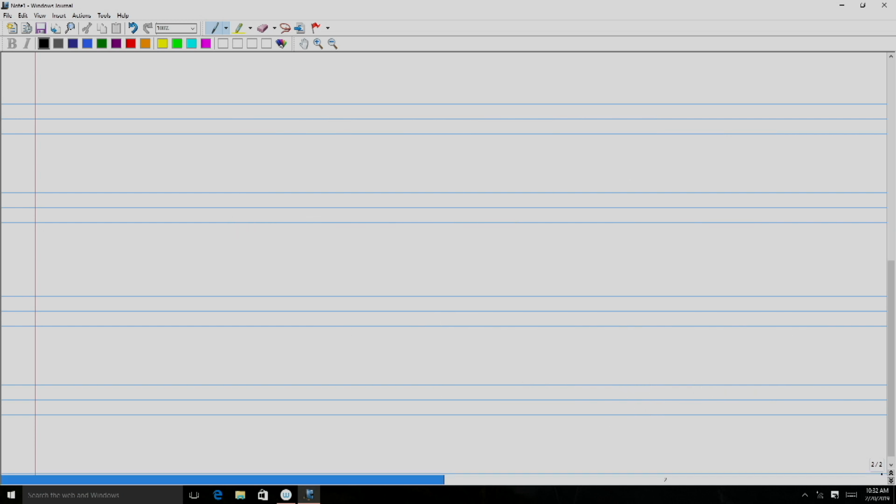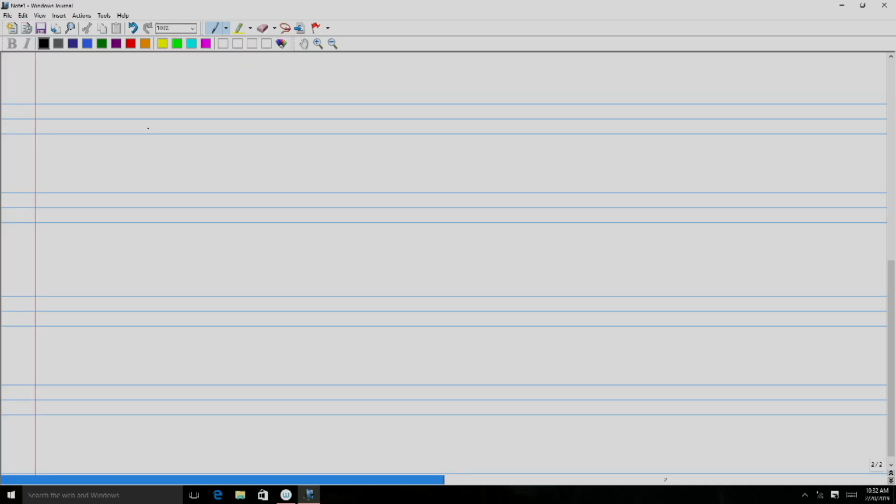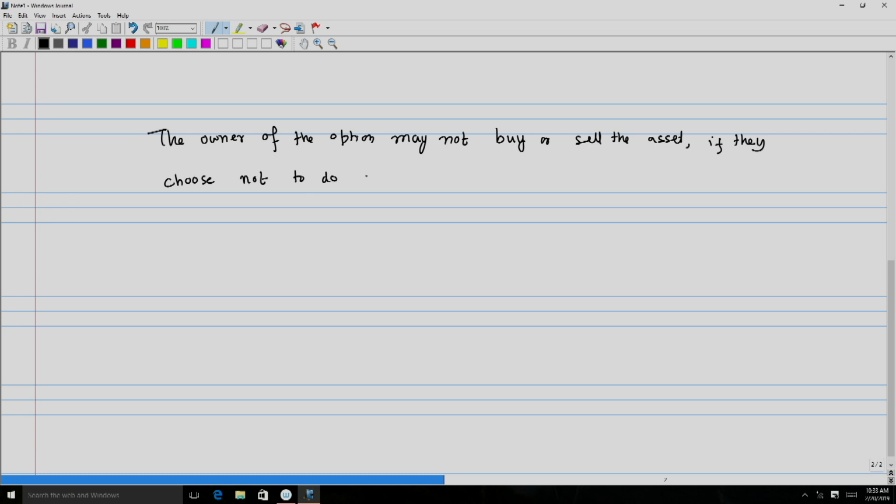So, let us look a little deeper into what we mean by the right to buy or sell. The right to buy or sell here means that the owner of the option may not buy or sell the asset if they choose not to do so.